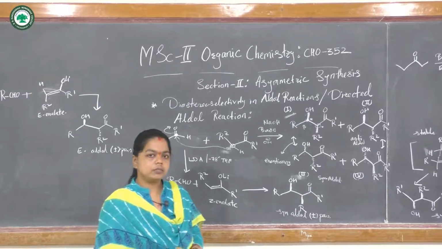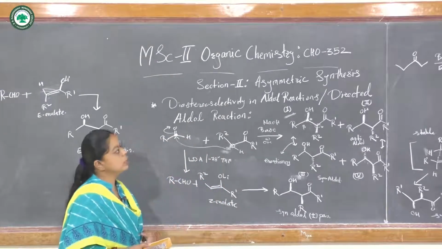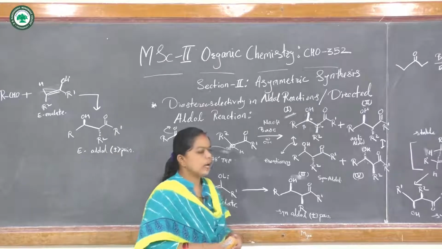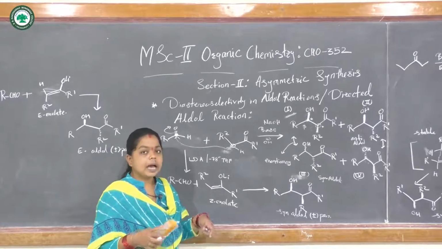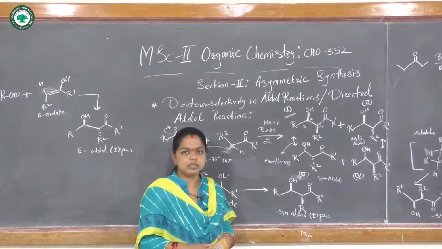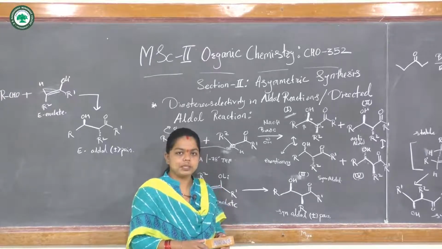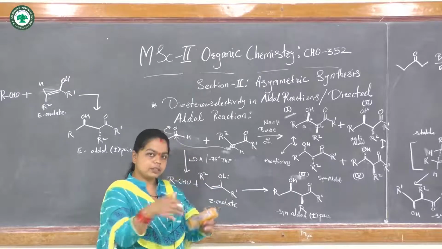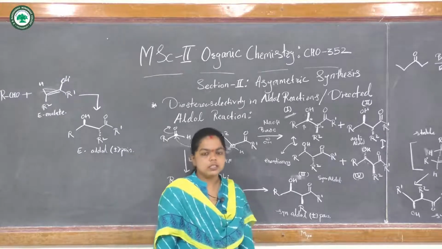Now first we have to control the diastereoselectivity in the reaction. Diastereoselectivity in the aldol reaction is also called the directed aldol reaction. So we are directing the reaction in order to form only the particular diastereomer, and further we can direct this diastereomer to form the single enantiomer.